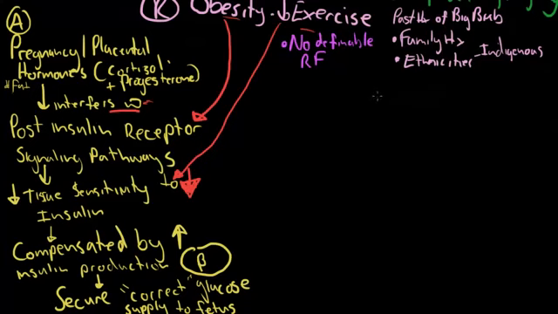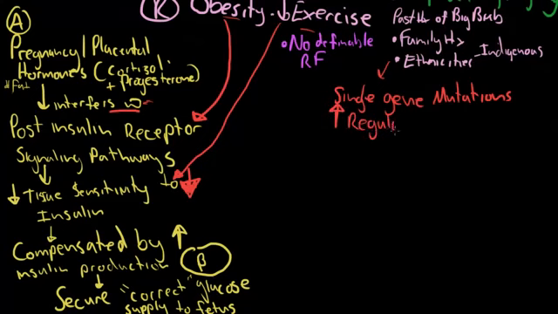To me, that signals a genetic link. So what happens is that there can be single gene mutations that normally don't really matter, but they're up-regulated, or they come out in pregnancy.